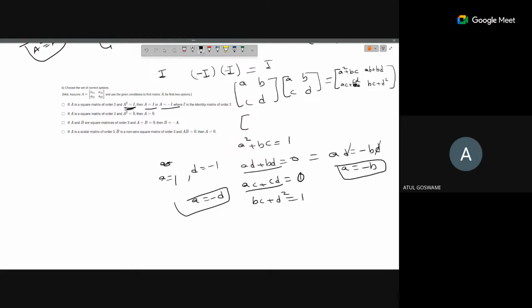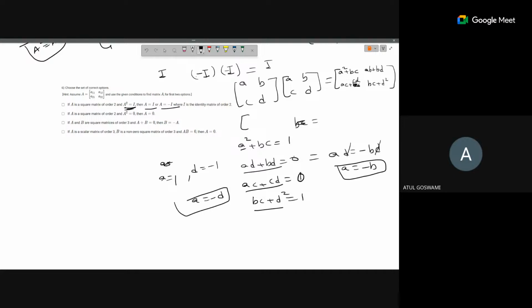We get two values. Now put A is 1, then BC equals 0. Okay, not in this, put it somewhere else, because again we are getting BC equals 0. But okay, no problem.